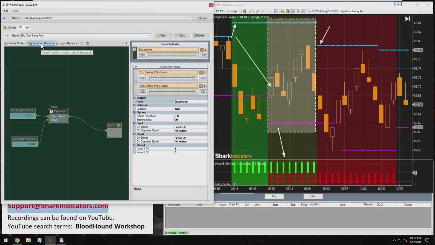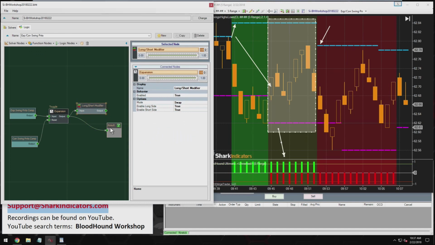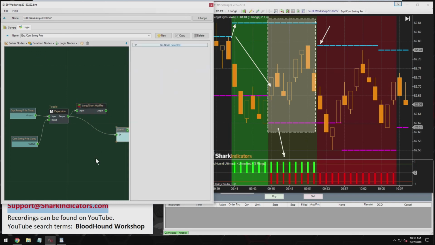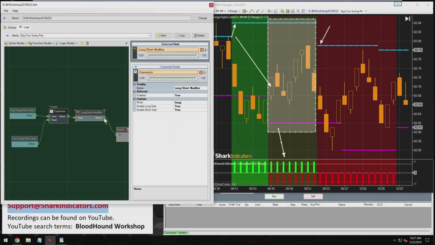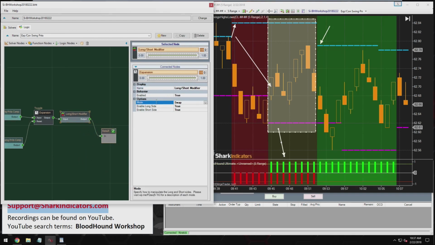The way we can do that is with the long-short modifier. This little function node has a lot of gizmos in it. It's kind of like a Swiss Army knife, with a lot of different modes.